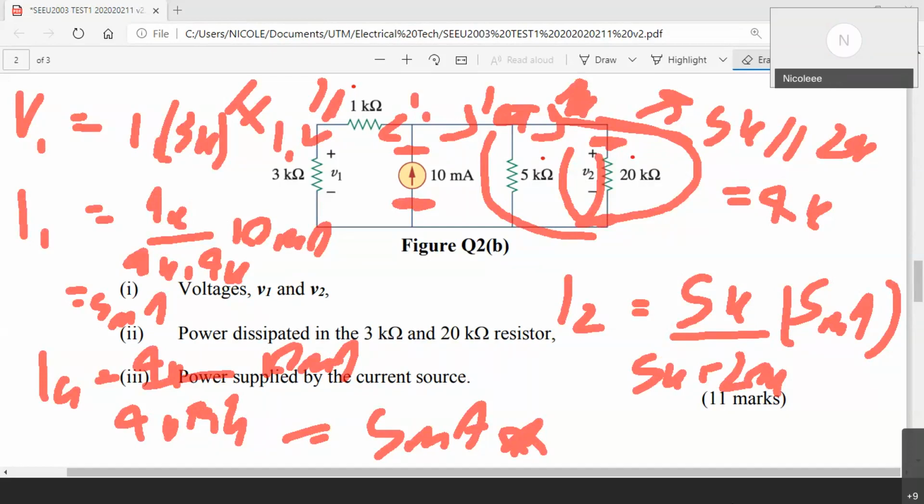Because it is in parallel, you automatically get V2 equal to 20 volt. You have multiple ways, because like I said, this is like an art. There is no procedure to do this. You can use any theory.